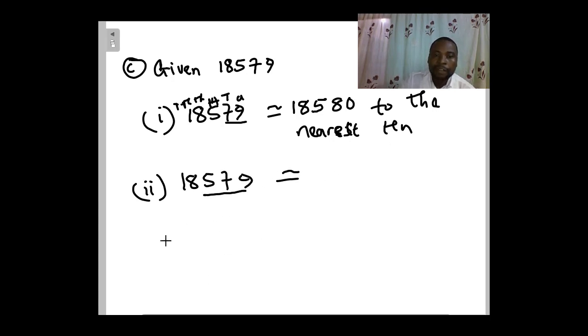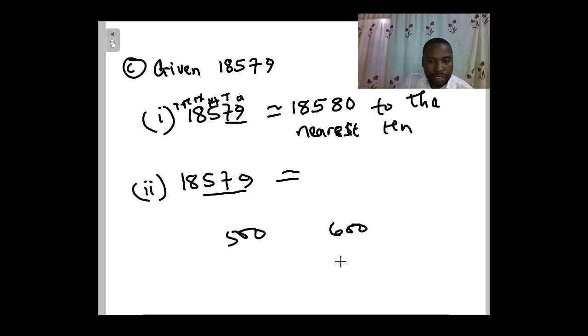Straight away I'm going to the next one, the nearest 100. See what we're considering: 579 is in between 500 and 600. Which of them is it closer to? If I have counted 579 and I'm on my way to 600, I have just about 21 steps left to reach 600. But if I'm counting from 579 backward to 500, you're going to count nothing less than 70 steps plus.